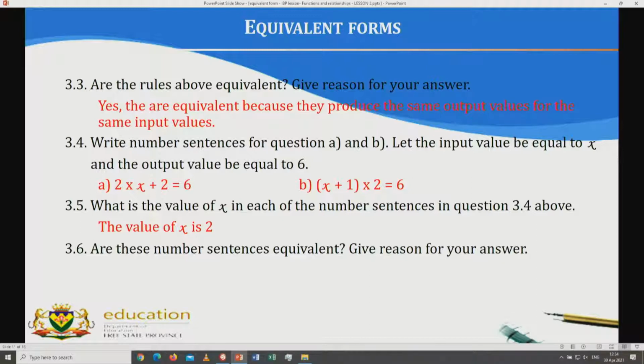Let's take the first number sentence to check how we said the x value there is 2. Number sentence number 1 says 2 multiplied by x plus 2 equals 6.